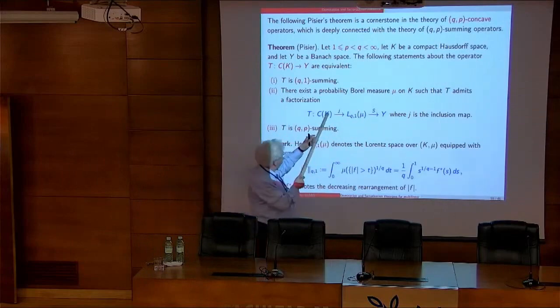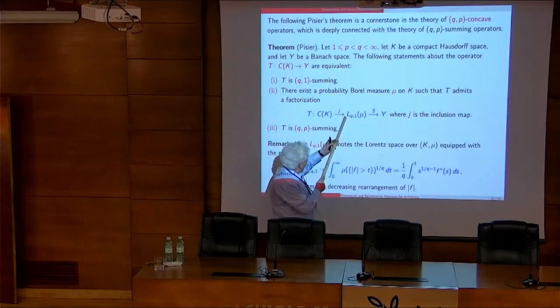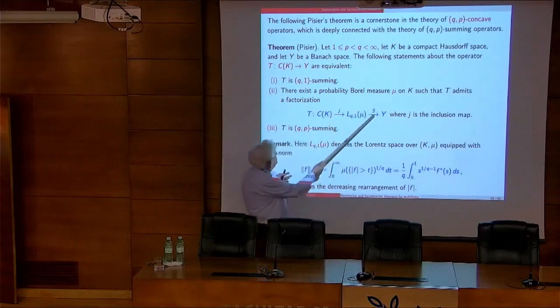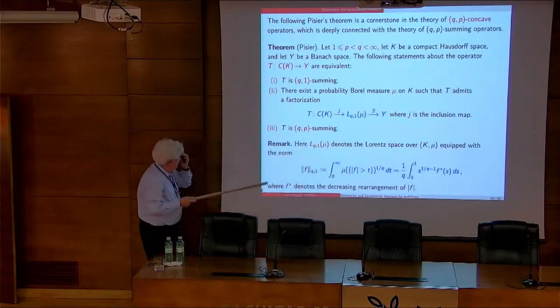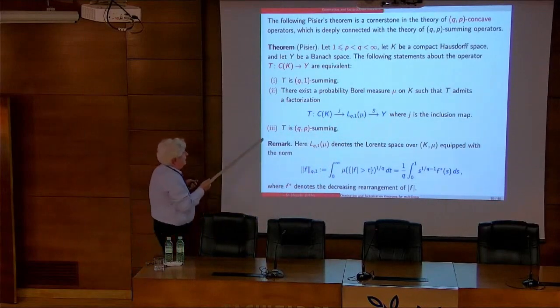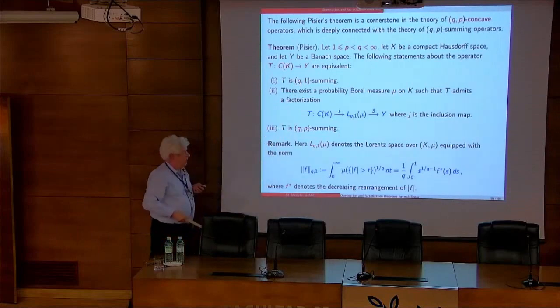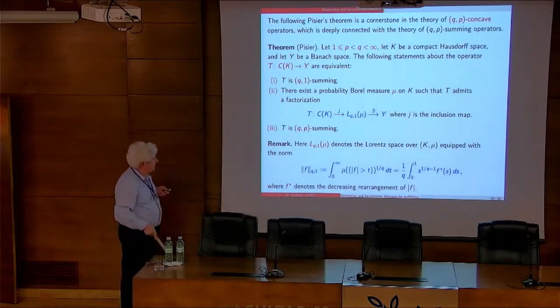So this is the inclusion map from C(K) to the Lorentz space. Here there is a definition. And of course, if this is identity, we see what S is in fact. And this is equivalent, that instead of P equal 1, you can also put P bigger than 1. So those three conditions are equivalent.